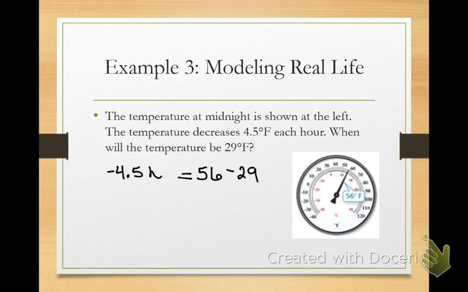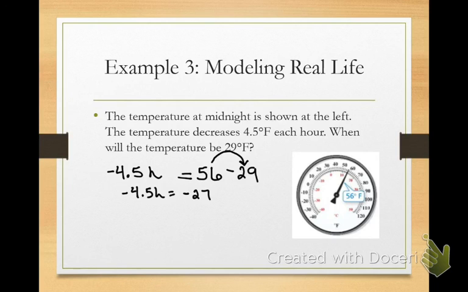It's 27. So, negative 4.5 H equals negative, now I'm going to tell you why, negative 27. Because from 56 down to 29, it decreased by 27 degrees. Does that make sense? Okay.